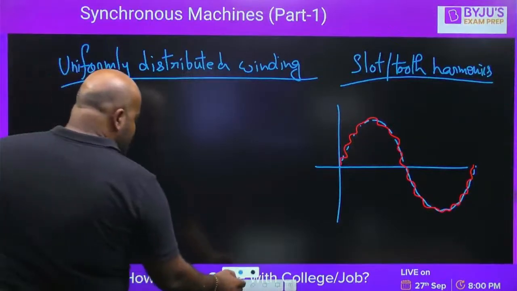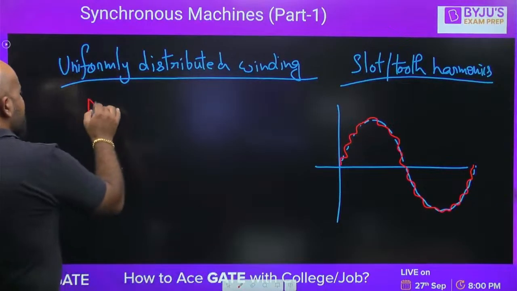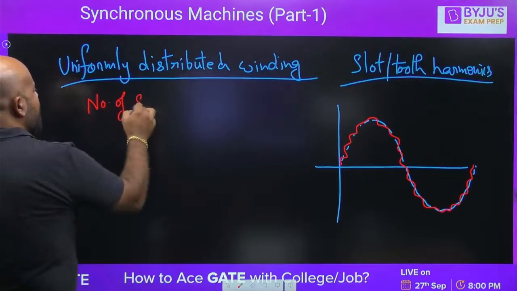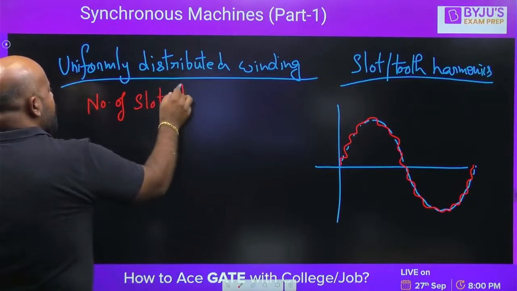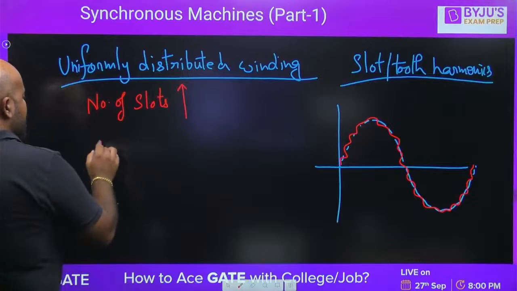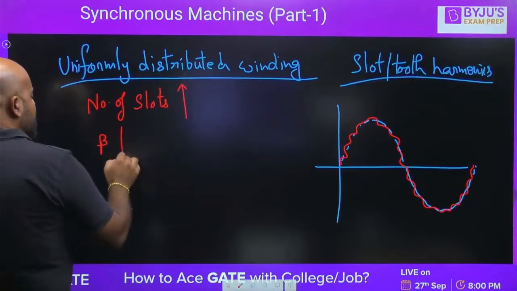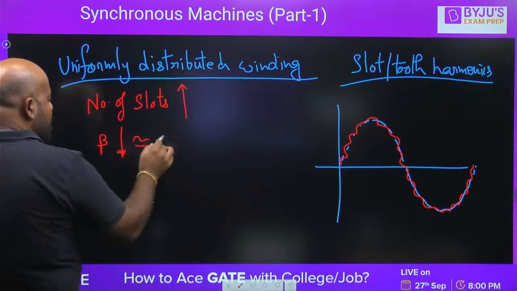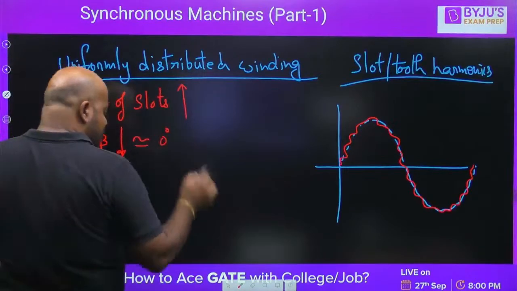What we are doing, we are assuming that the number of slots is very high. If the number of slots is very high, the slot angle is going to be very small, almost 0 degree, very close to 0 degree.